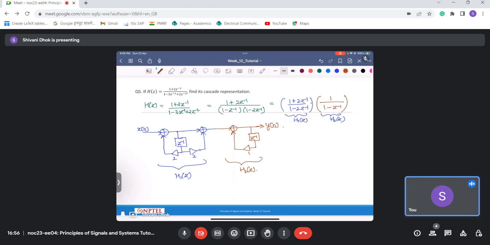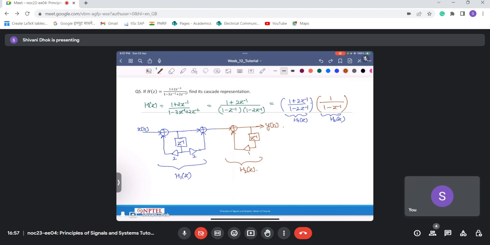Generally, it may be the case that the block for this system is available and the block for this system is available. So instead of reconstructing the entire system using direct form 1, I can directly use these two blocks by just cascading them.